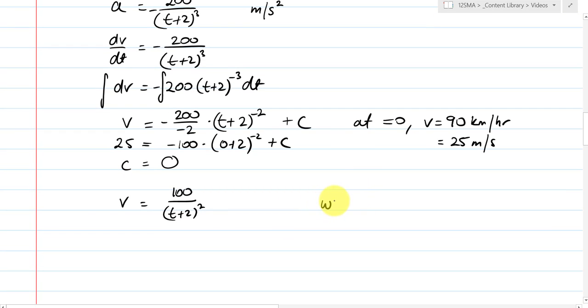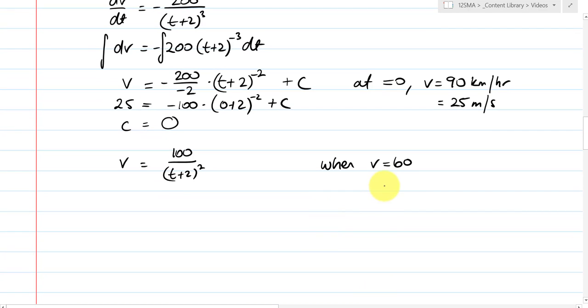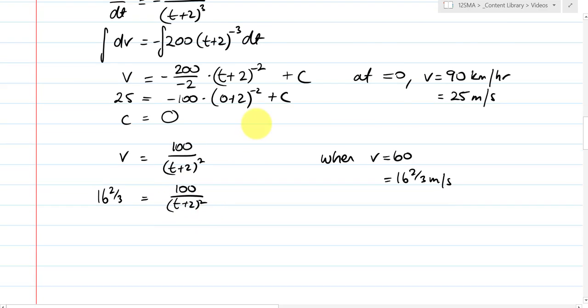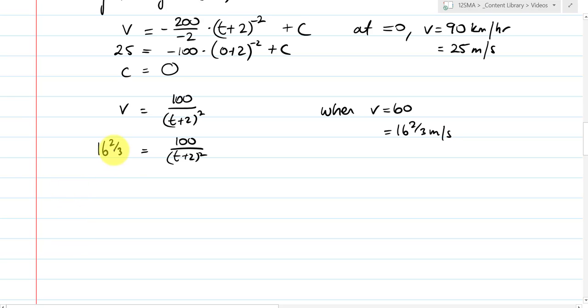So when does v equal 60? 60 times 1,000 divided by 60 divided by 60 is equal to 16 2/3 meters per second. And so I put in my 16 2/3 is equal to 100 over t plus 2 squared, which is now, 16 2/3 is 50 over 3.